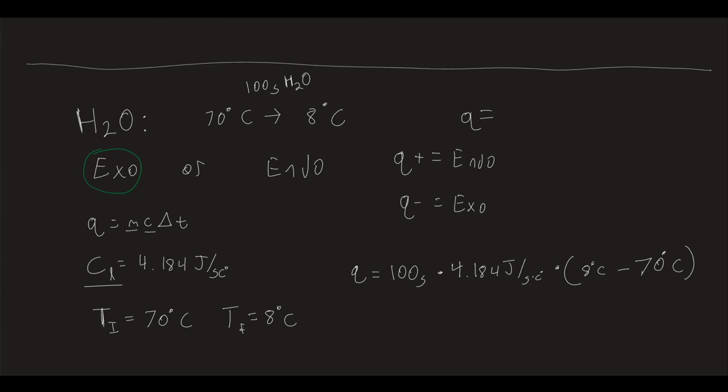I am given a value of negative 25940.8 joules. And just so you know it's joules, the grams cancel and the Celsius cancel, and that's why we are left with joules.